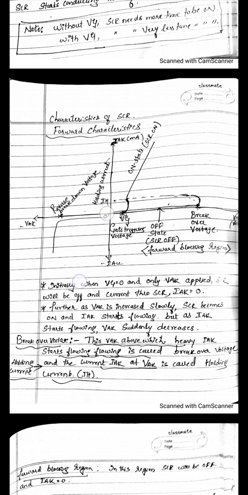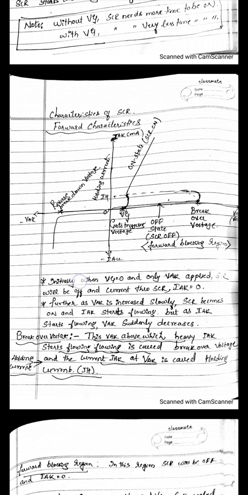In the previous case it was applied from here to here. Now only a small VAK is applied, and then the SCR has become on. You can see the current is flowing through the SCR. What does this mean? With VG, a small VAK is required to make the SCR on, as we explained in the previous example.